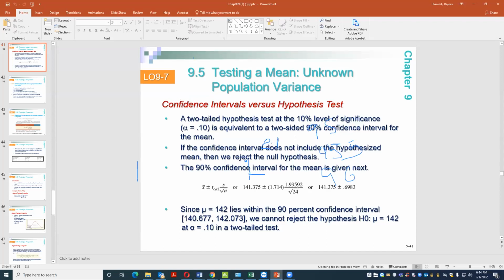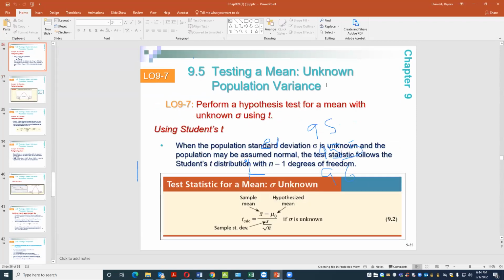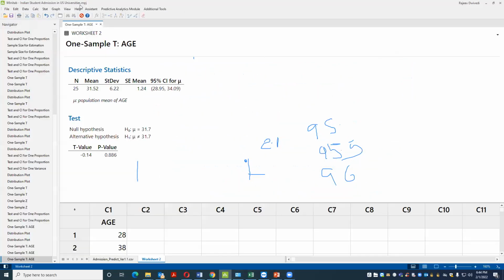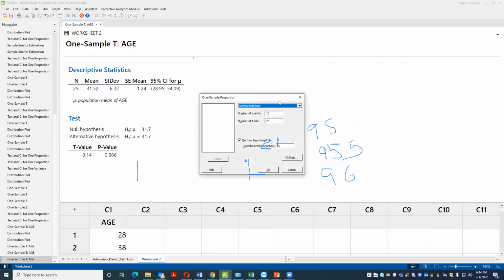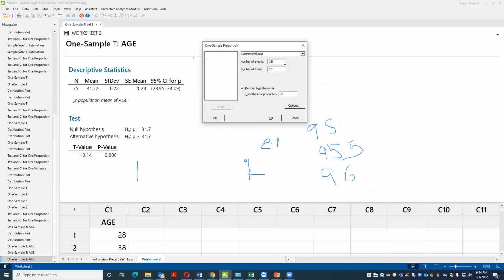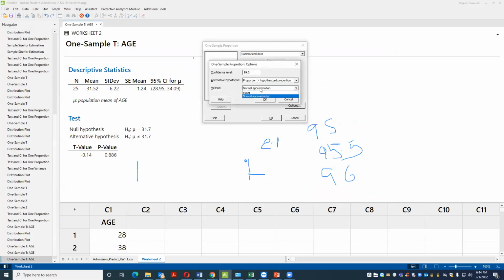One thing I would like to explain again here is based on proportion. If you see Stat, Basic Statistics, One Proportion. Let's say number of events 25, hypothesized proportion is this. Now remember, you have n pi and n(1 minus pi). When do we use the exact value? When do we use normal approximation?